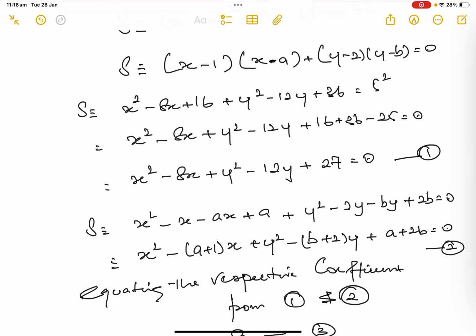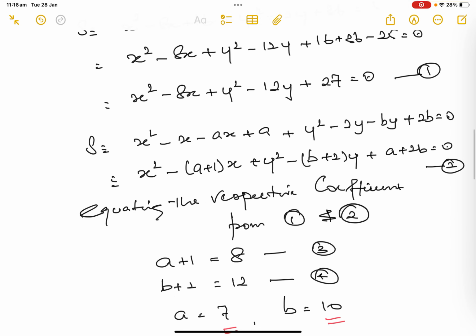Now we have the equation x² − 8x + y² − 12y + 27 = 0. Let's expand the equation given by the question. Expanding, x² − x − ax + a for the first one, and y² − 2y − by + 2b.